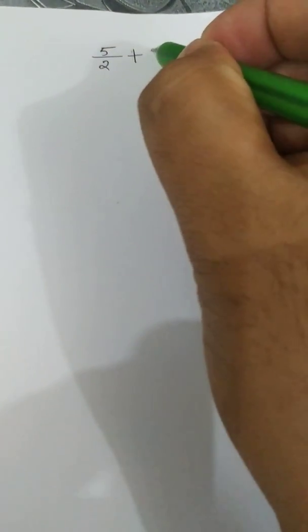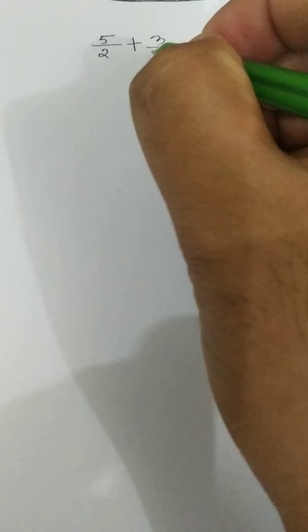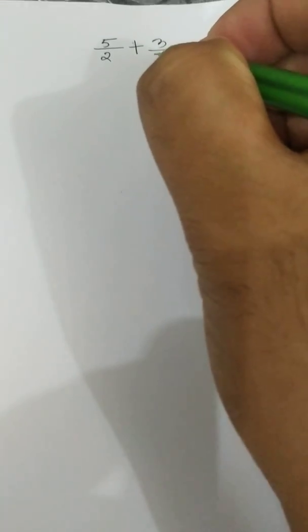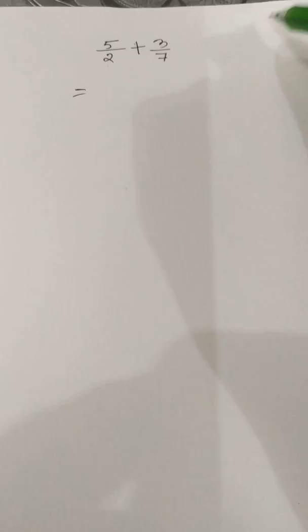5 by 2 plus 3 by 7. Let me add these fractions. First, what do we need to do? We need to find the LCM of the denominators.